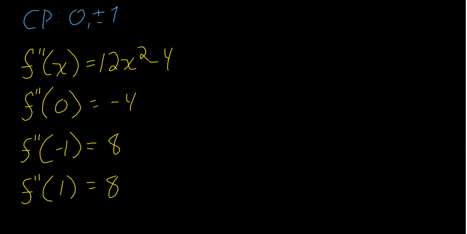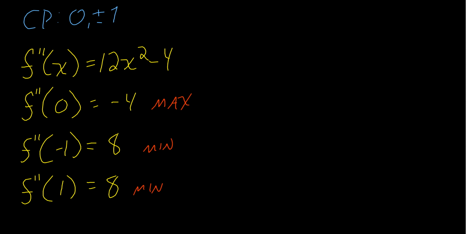So looking at this, we see that -4 is less than 0, so that's going to be a relative maximum. And then the +8s, those are greater than 0, so they're going to be a minimum.